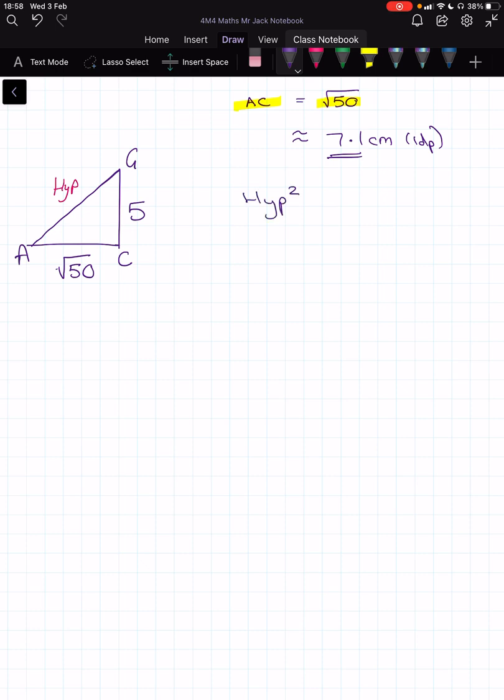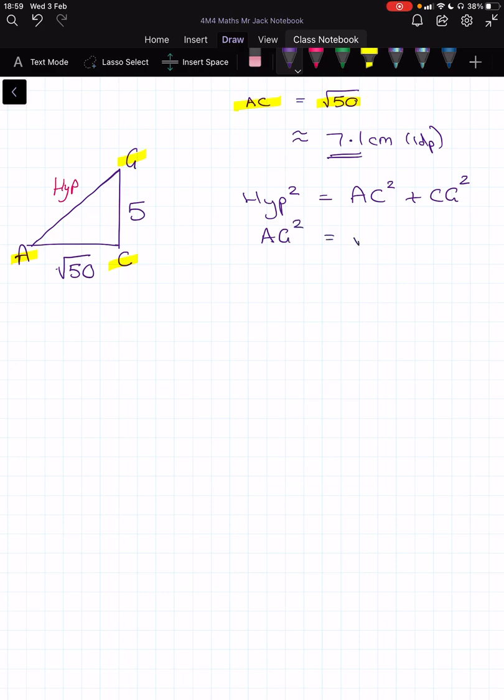Hypotenuse squared is equal to, this time it's going to be AC squared plus, let's call it CG. Nothing says the letters have to be in alphabetical order, it doesn't matter. So let's call it AC squared plus CG squared. Our hypotenuse is called AG.